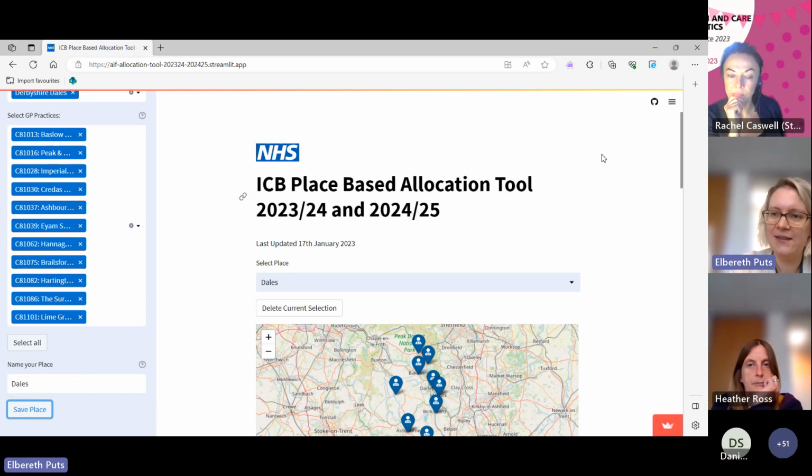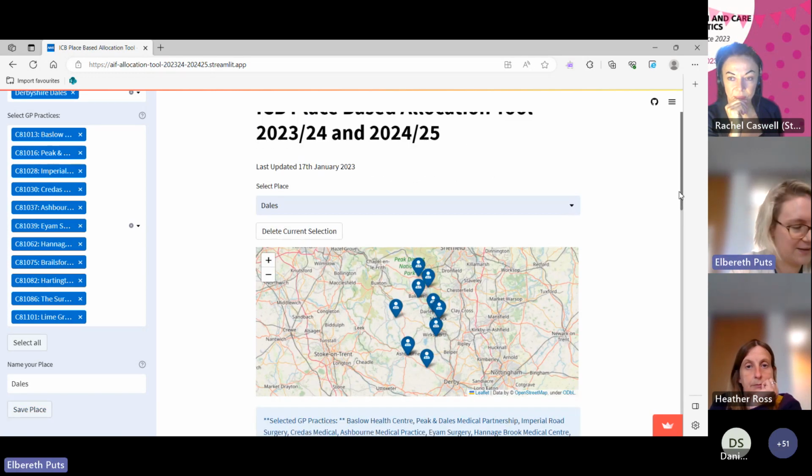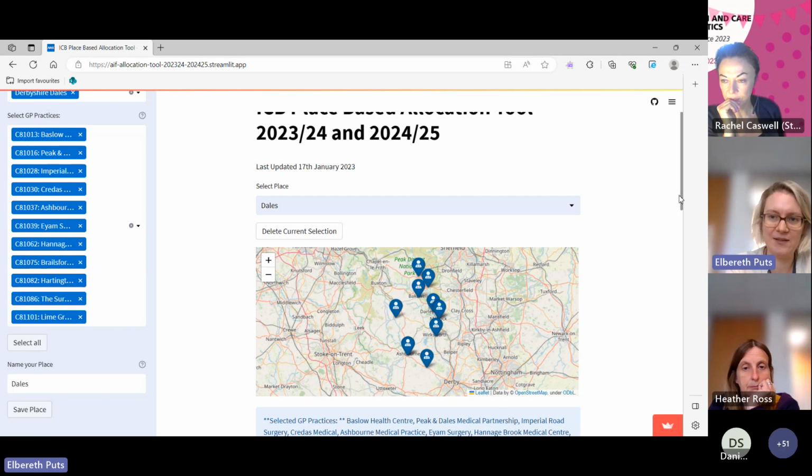So the panel on the right here now first shows you where those practices that you put in your place that you've created are geographically. And it also prints below that which ones are actually included.